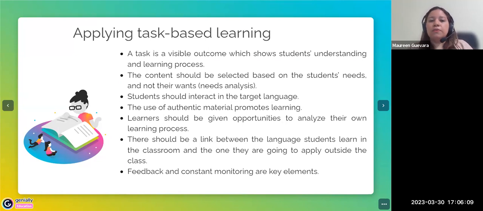Also, the content that we teach should be selected based on the students' needs and also their wants.